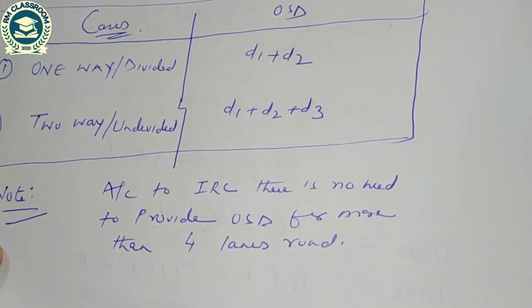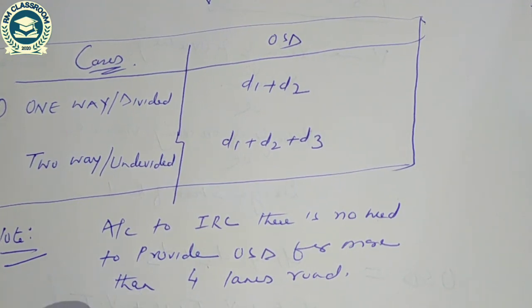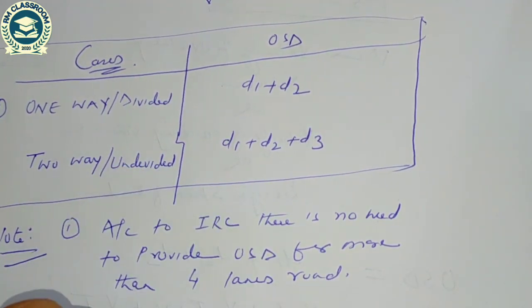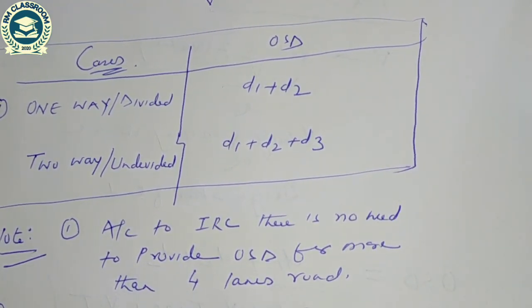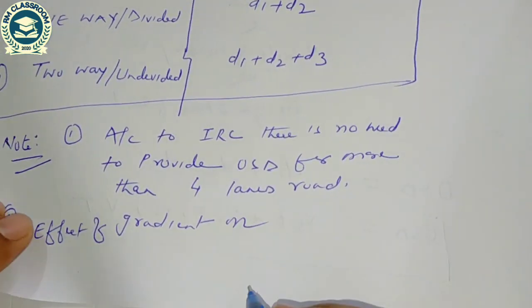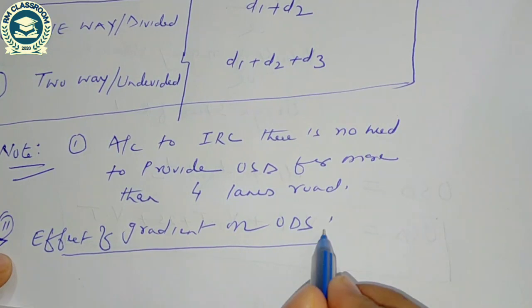Is there any effect of gradient on the overtaking side distance? So the next point in the note I will discuss: effect of gradient on overtaking side distance.